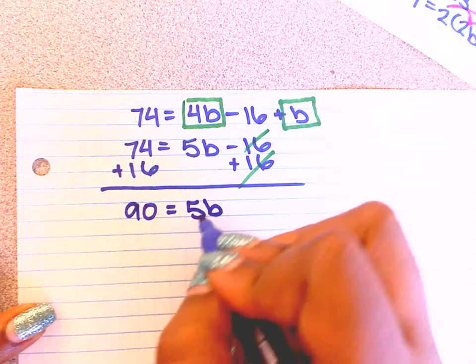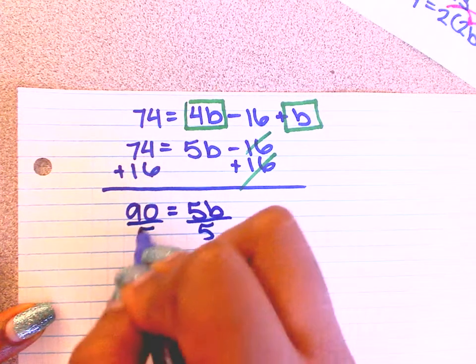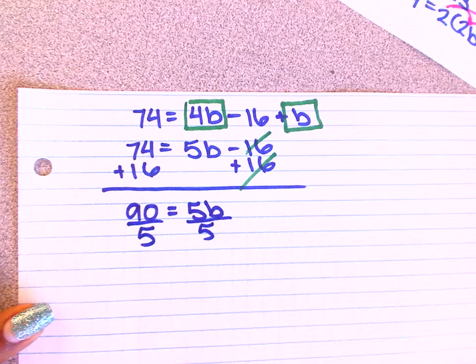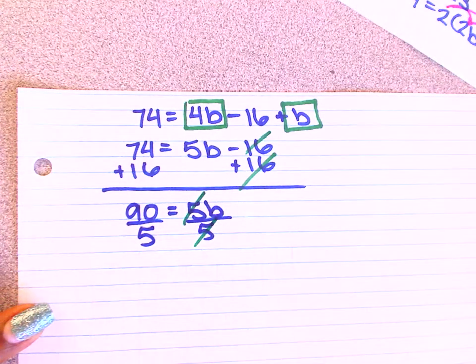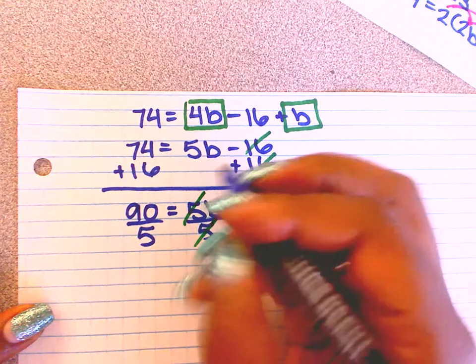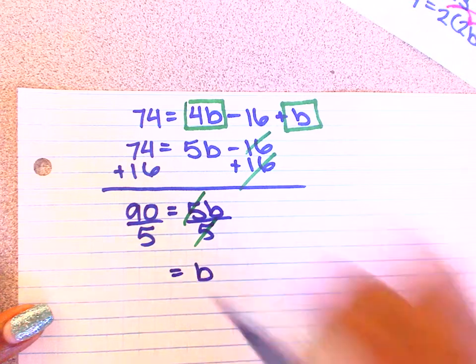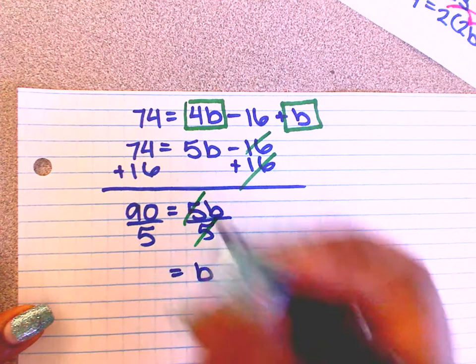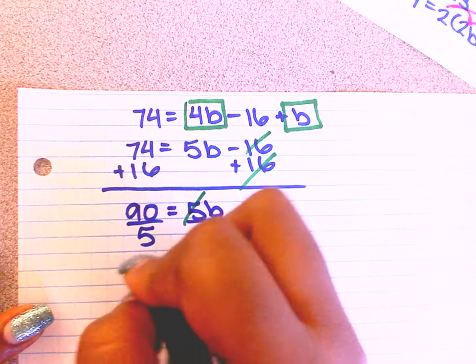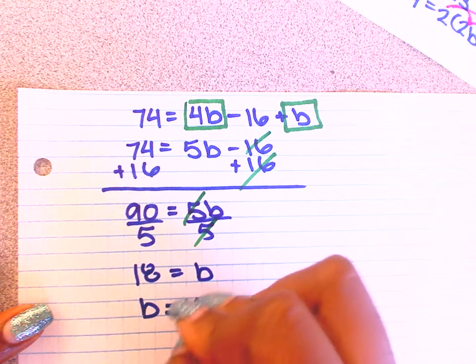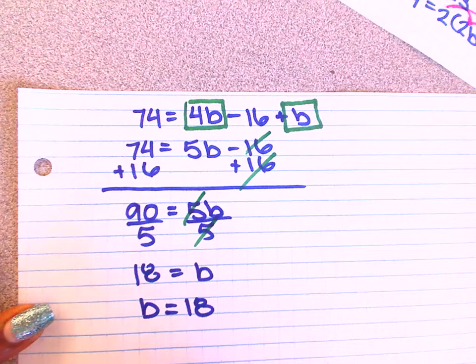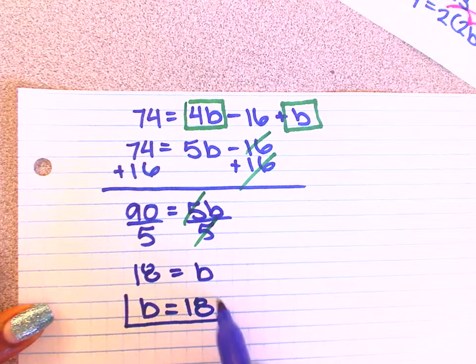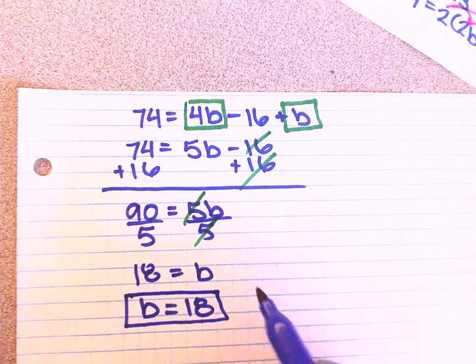Divide by 5 on both sides to isolate the variable. My 5's cancel. I'm left with b on one side of the equal sign. On the other side, I have 90 divided by 5, which is 18. So b equals 18. That question just asked for the base. Therefore, that's the answer.